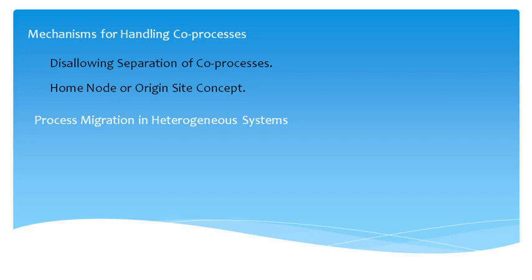All the communication between the parent process and the child processes will take place via the home node, and the message traffic in the system and the communication cost will increase somewhat in this type of method.